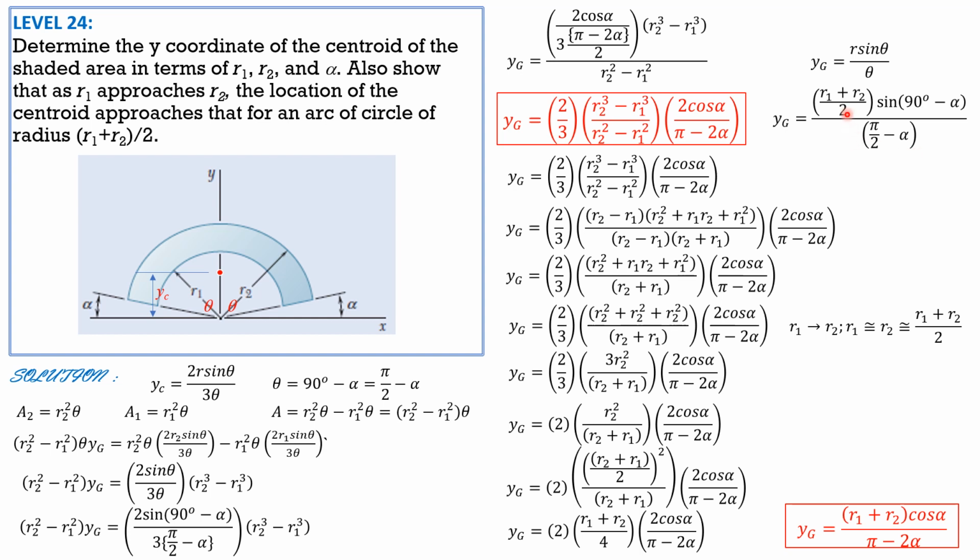So if this 2 is distributed here, then this denominator becomes pi minus 2 alpha, which is now of this form. So yg is r1 plus r2 times cosine of alpha over pi minus 2 alpha, which proves that they are equal. So therefore, this statement is correct.